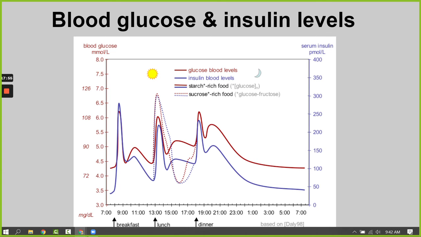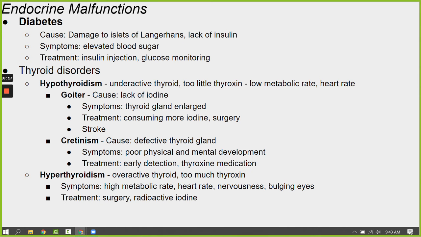This device is going to monitor your blood glucose level and just automatically give you insulin when necessary. We don't quite have that yet, but we're close to having that. But again, diabetes is a disease of the endocrine system because the pancreas and these hormones are not functioning properly. There's other malfunctions as well.